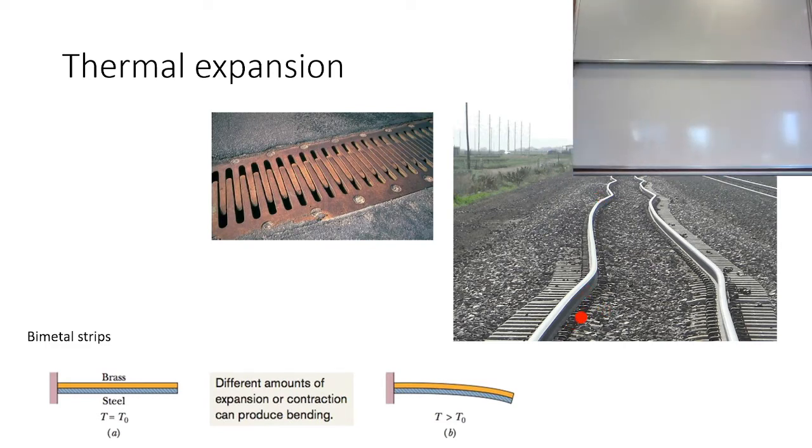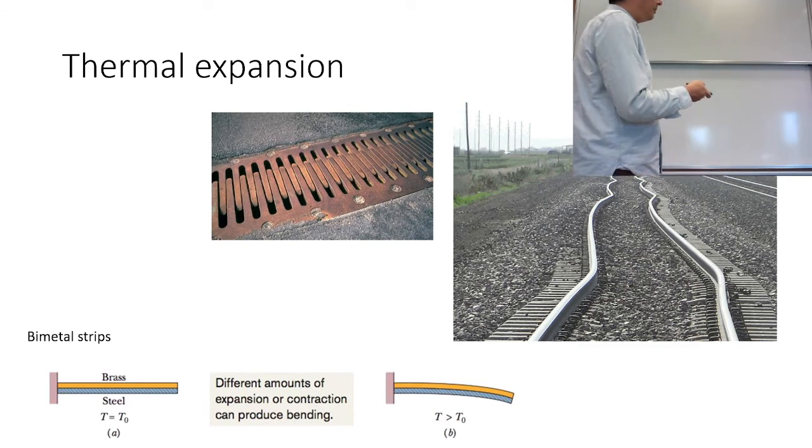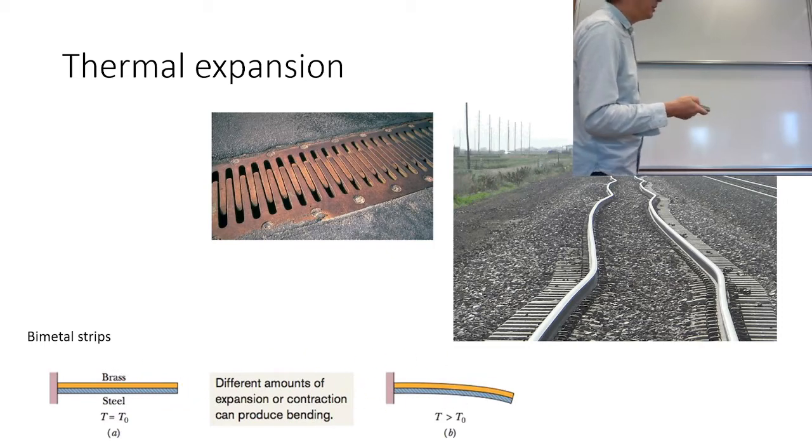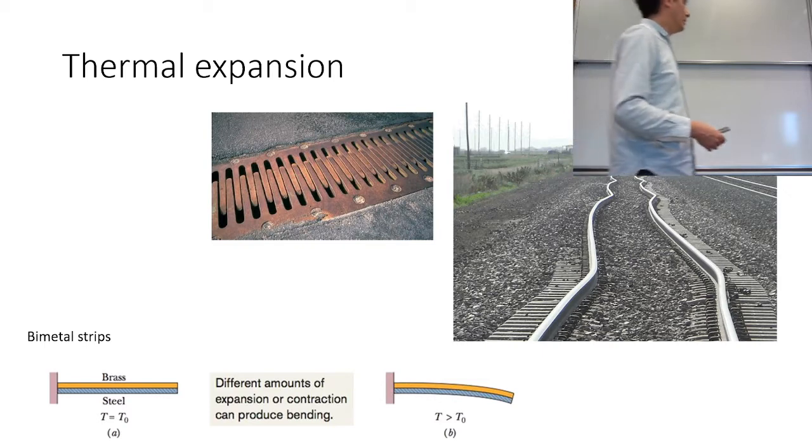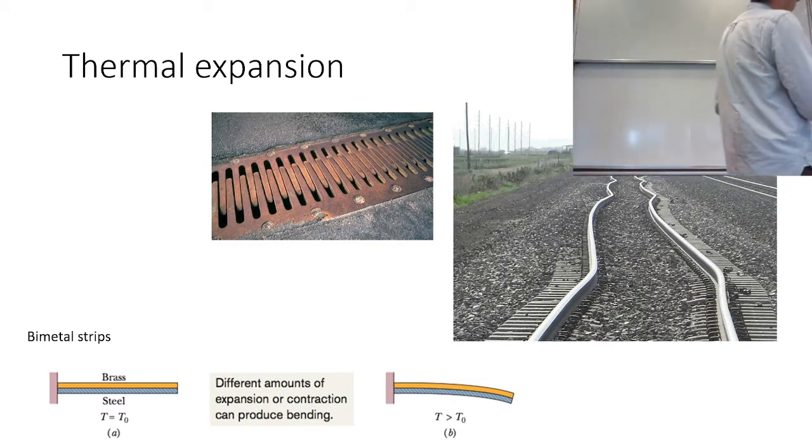Another application is bimetal strips. Sometimes you construct things on purpose so that they change shape with temperature. If you stick two materials together, like brass and steel, and there's a temperature change, then the brass expands more than the steel, and so it is forced to bend.